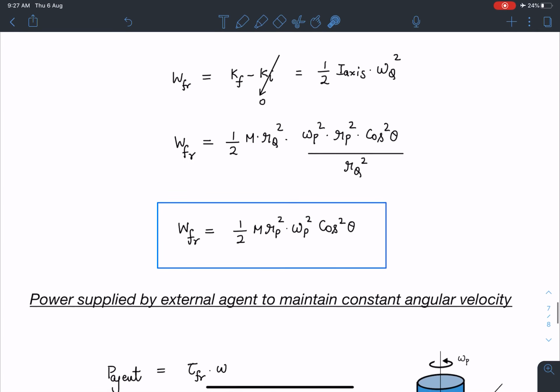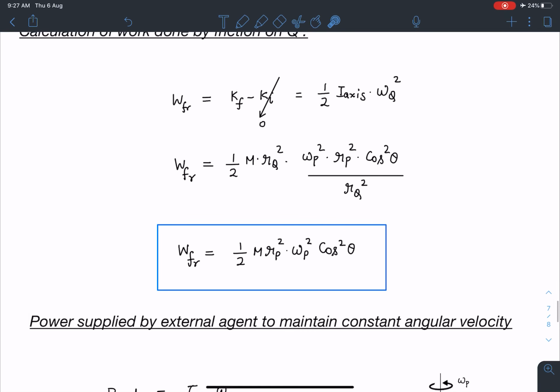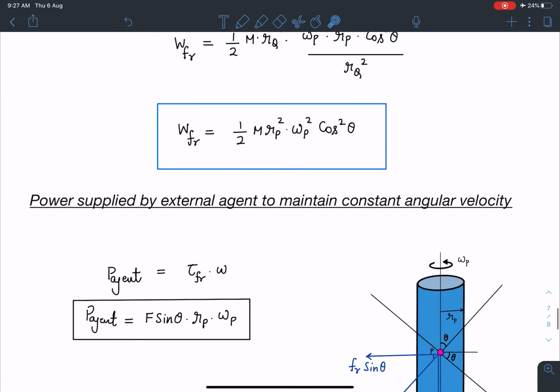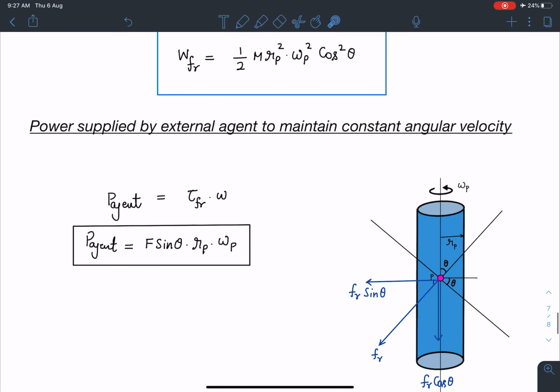So we can say after steady state is reached, in that situation, the power of the agent, the numerical value of this, will be the power supplied by the friction force. Friction will supply negative power, and the agent must supply positive power in such a way that overall power is 0, because its omega is constant, angular velocity is constant, so there is no change in kinetic energy.